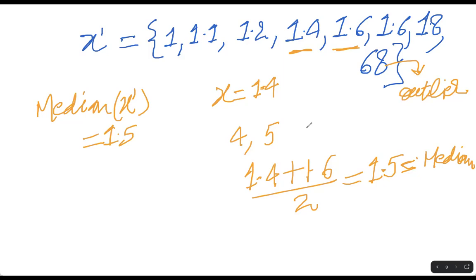Now, the next question is, what if out of these 7 values, 4 of them are wrong, or some extreme values? So let's take the extreme case. Let me open the next page here. Let's define x double dash here.